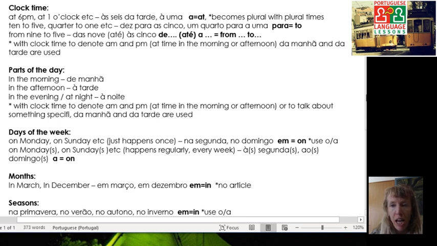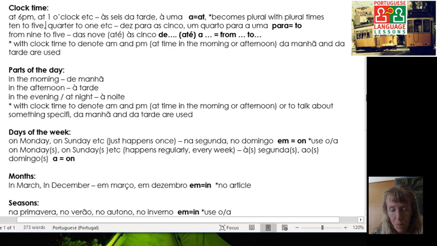From 9 to 5, das 9 até as 5. Okay, so we use de, and then até, it doesn't have to be there, and then a, okay, which also contracts. Okay. Notice with the clock time, if we want to talk about AM and PM, at a time in the morning and the afternoon, I can use da manhã and da tarde.